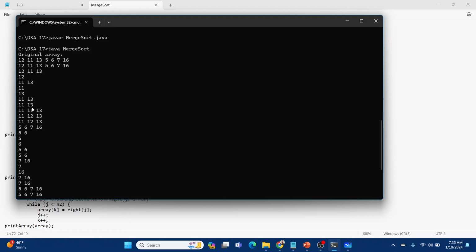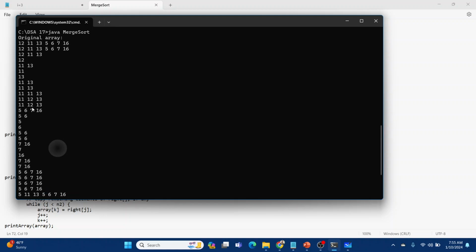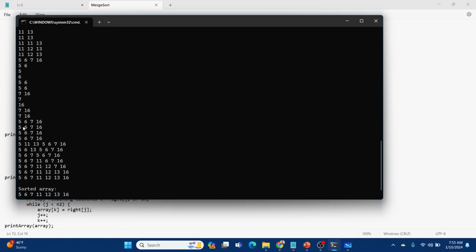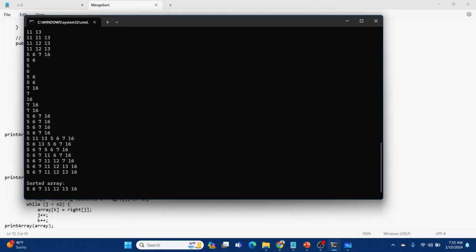We are merging the same part also, because each part's merge will also get called. So first we will merge back to 11, 12, 13. We divided 12, 11, 13, then we sorted them to 11, 12, 13. Then 5, 6, 7, 16 was divided and they also got merged back. Now we got the two arrays till this condition, one is 11, 12, 13 and the second is 5, 6, 7, 16.